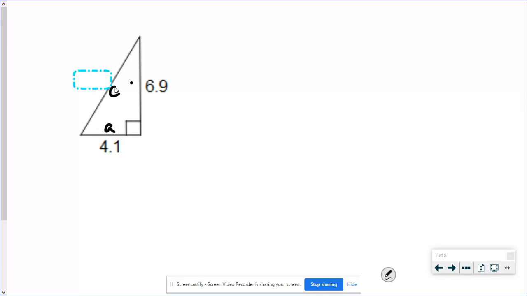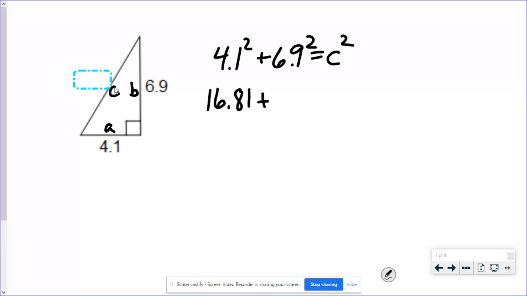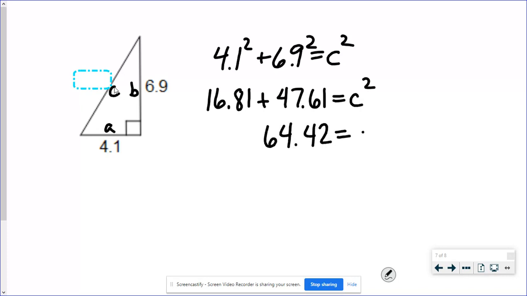We'll just make this one A and this one B. So I would have 4.1 squared plus 6.9 squared equals C squared. 4.1 squared is 16.81. 6.9 squared is 47.61. And then we're going to add those two to simplify. Gives me 64.42. And then I don't want C squared, I just want C.